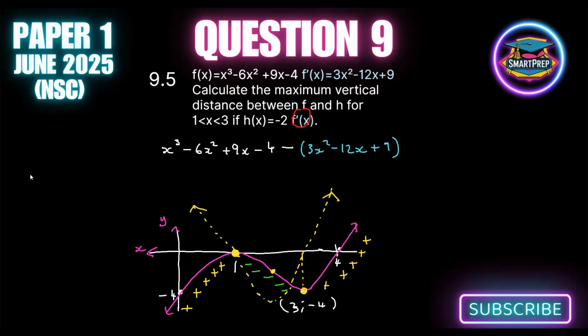Okay, and what I'm left with is x cubed minus 15x, because the x squared should cancel, shouldn't they?